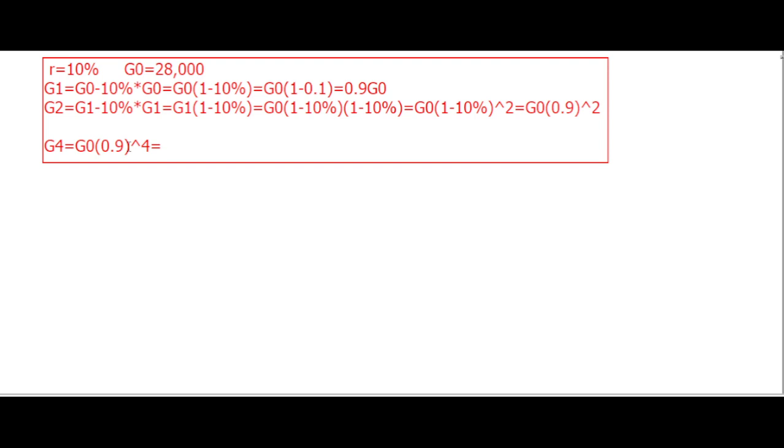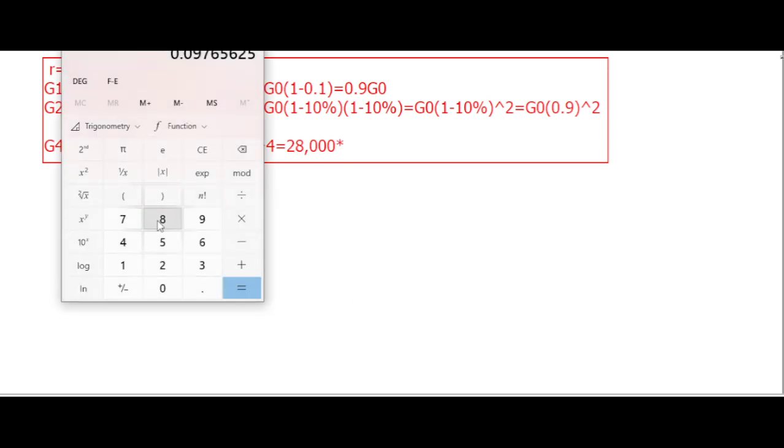So this is equal to G naught, which is 28,000, times 0.9 to the power of 4.